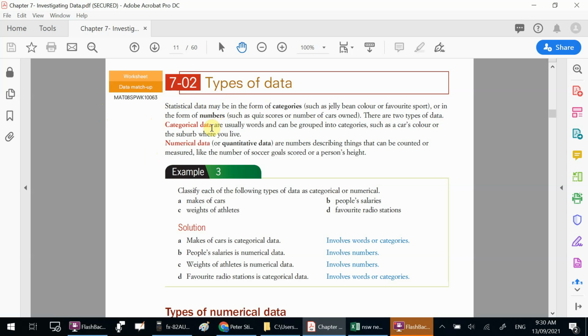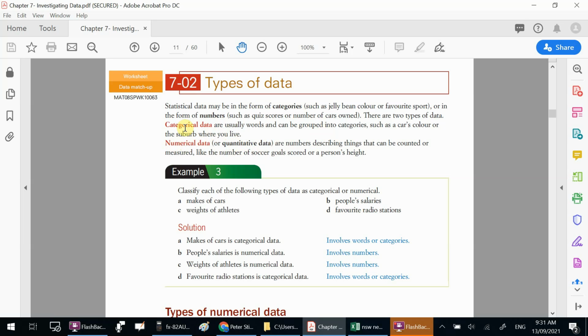And according to this section, there are two main types. Categorical, which is to do with words or groups that are put into categories, or numerical, otherwise known as quantitative.